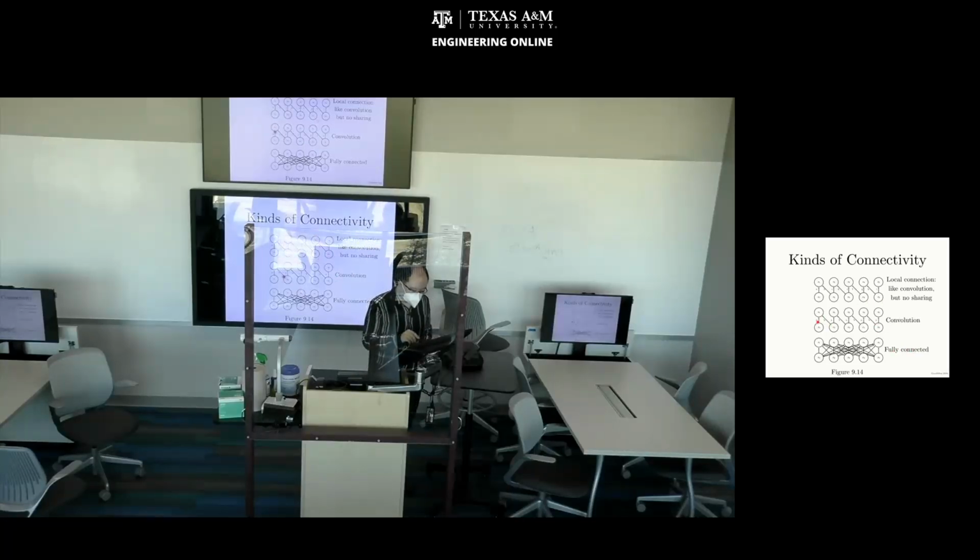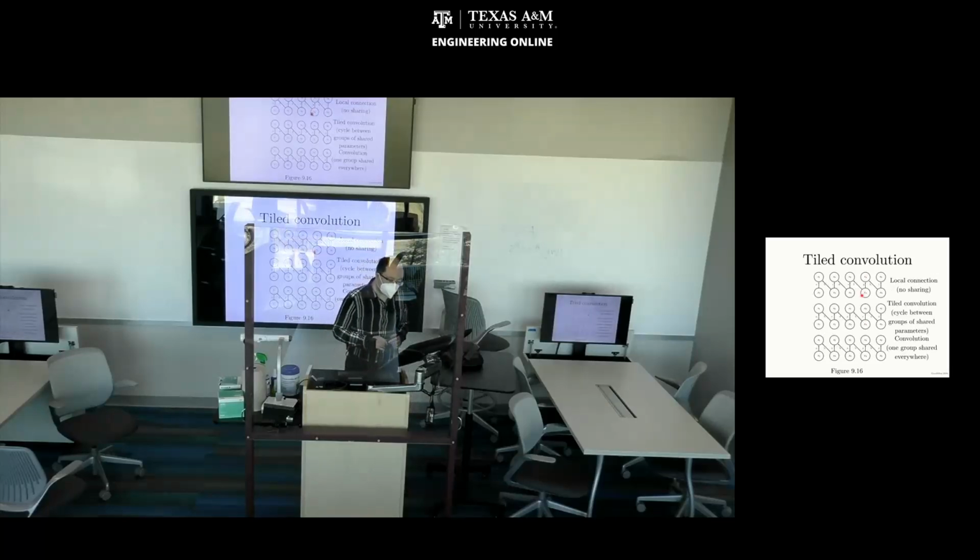So this AB is shared in convolution, but it's no longer shared in this kind of cases. It's still local, but not parameter sharing, okay? What else can you do? You can do tiled convolution. You can cycle between the groups of shared parameters, right? So you have A, B, C, D, then A, B, C, D again, right? So this is a tiled convolution.